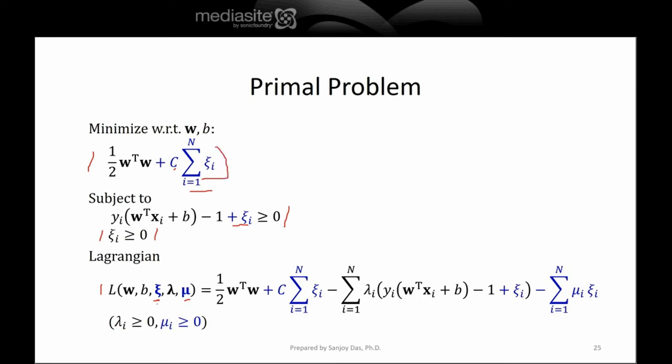The first two terms are the objective function and then minus lambda i times this constraint here, and it's exactly the same as the hard margin SVM except the plus zeta i here. And since the zeta i's are greater than or equal to 0, we introduce another set of Lagrange multipliers, the mu i's, and this term also in the Lagrangian, which is negative summation mu i zeta i.